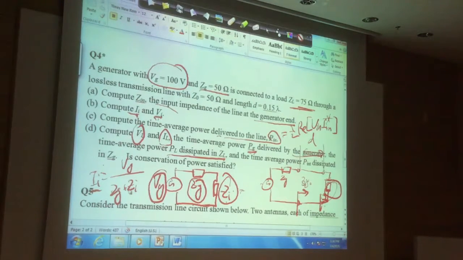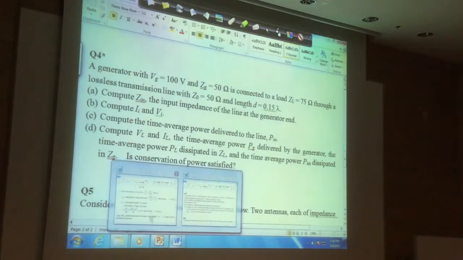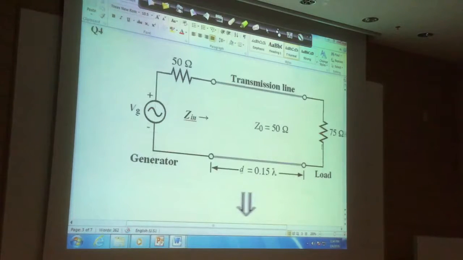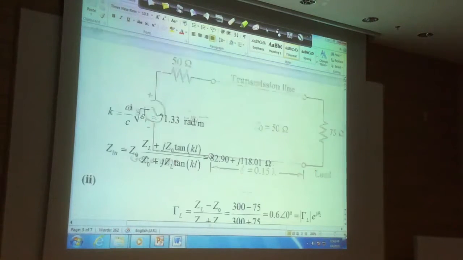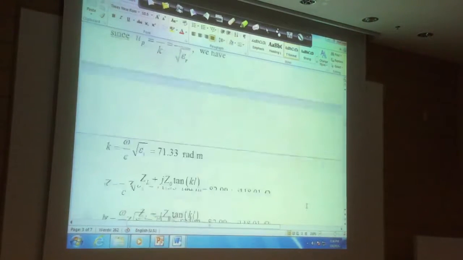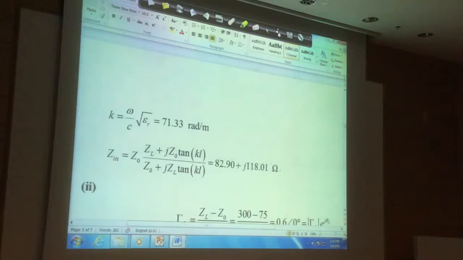Okay? Then let's look at the solution line by line. Okay, this is very classical, just now mentioned, very classical example. Then this can be simplified.